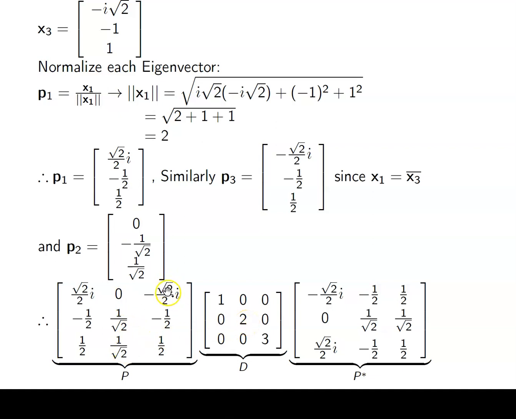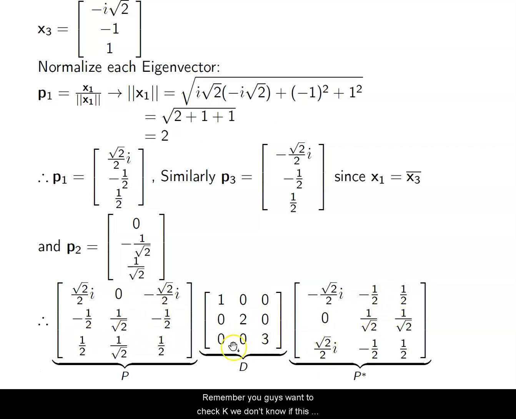And P3 was the normalized vector for my eigenvalue of value 3. P star is just the complex transpose of this. You notice this 1/2 and this negative root 2 over 2 switch signs and switch positions. This root 2 over 2 is positive instead of negative. Very easy to find P star once you have P.